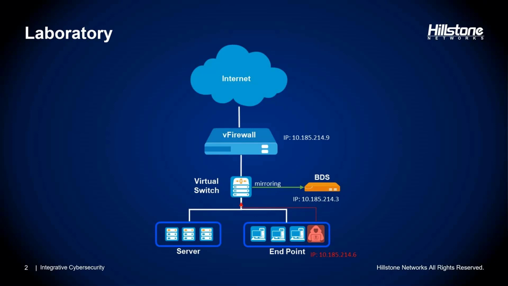There is also a BDS using mirrored traffic and all the features it has to detect all the threats. It understands the threats and explains them in an easy way. The BDS will respond to block the attacks using the next generation firewall, whose IP is 10.185.214.9.